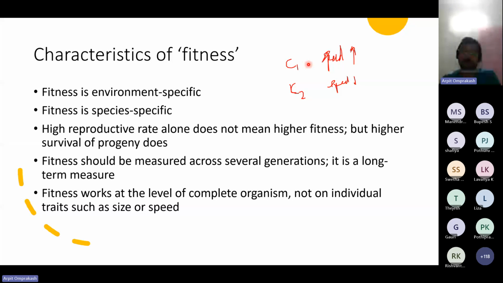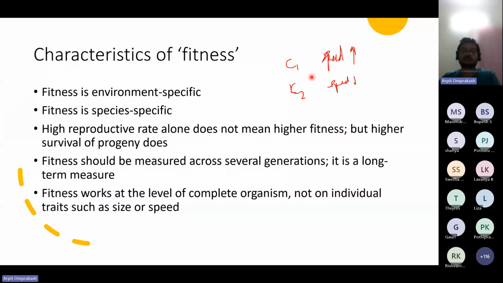It might not necessarily be true because since cheetah 1 has a higher speed, it might need more food to survive because of its high rate of metabolism. Whereas because cheetah 2 does not have a high speed, it does not need that much nutrients or food to survive. So it can probably survive on a lower number of prey.